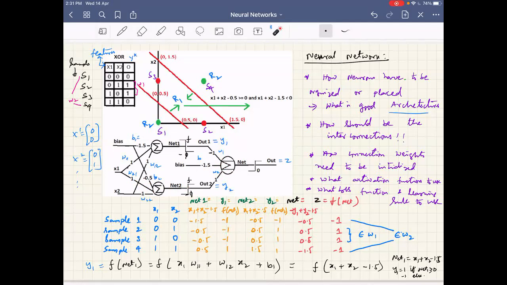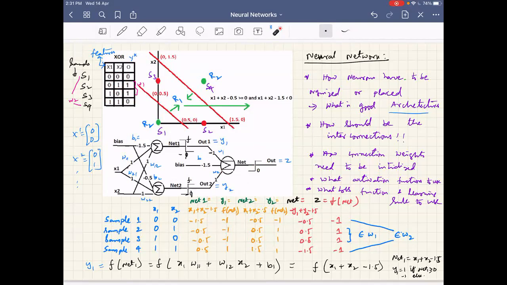So now given these samples, which are exactly XOR samples, what I have calculated are these network outputs. We want to see if this network can classify these two samples into one class and the remaining two samples into another class. We have seen that a single neuron cannot classify them properly into two classes for the labels that are given.